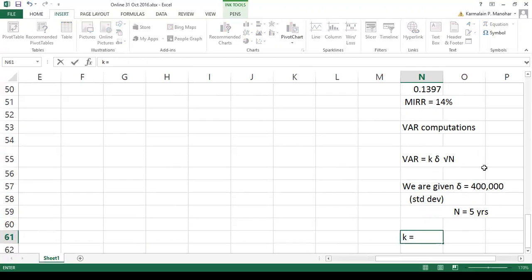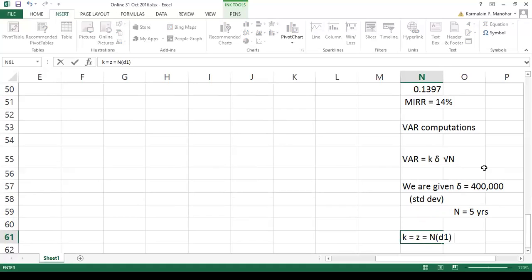So k is what I could call the z value, which is also known as the ND1, as we do the Black-Scholes model, right?